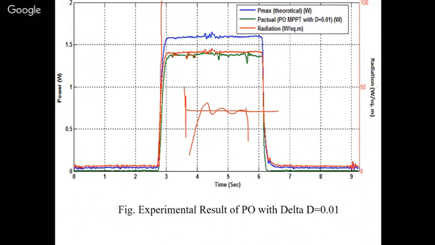Then why does this change? That is due to P&O. P&O, I told, every time you have to go and disturb the system. This is a duty cycle. Every time you disturb, it is coming back to the original condition fast. And it is 0.01 second that you are just disturbing the system. Every point, the duty cycle change is 0.01 second, but otherwise also, when you're running it, the switching you're doing is at 80 kilohertz.